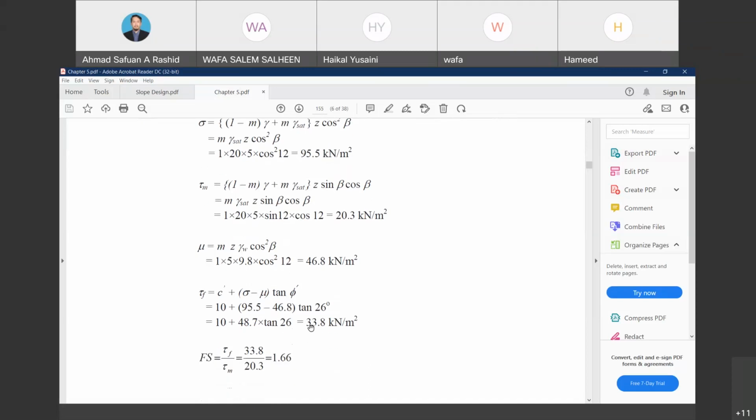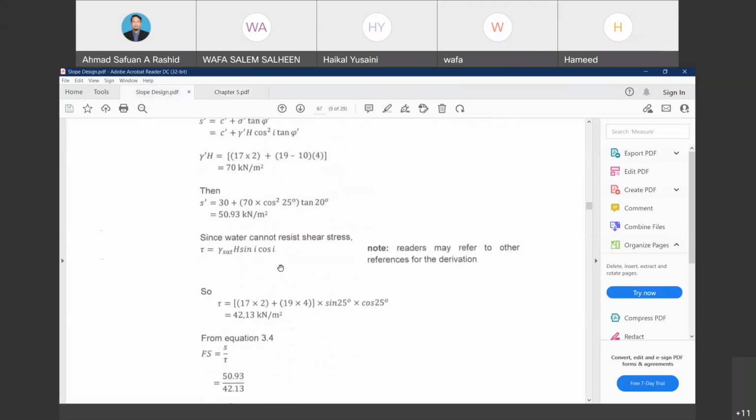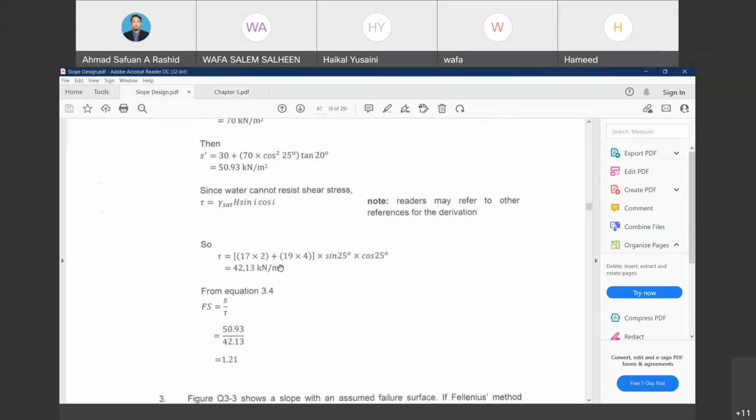So the factor of safety is tau f over tau m. 50.89 divided by 42.15 is 1.20. So it is the same. Dr. Kamarudin got 1.21, and our calculation is 1.207 or 1.21.